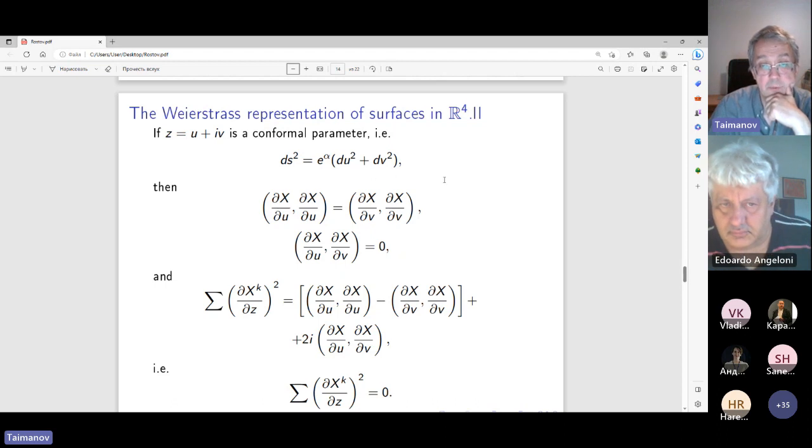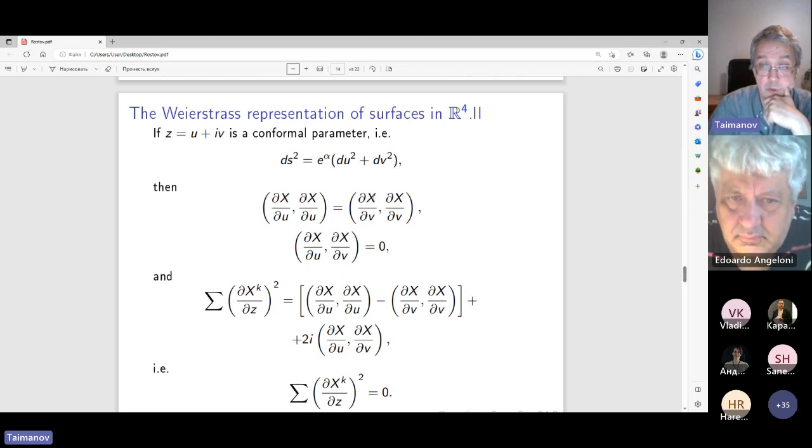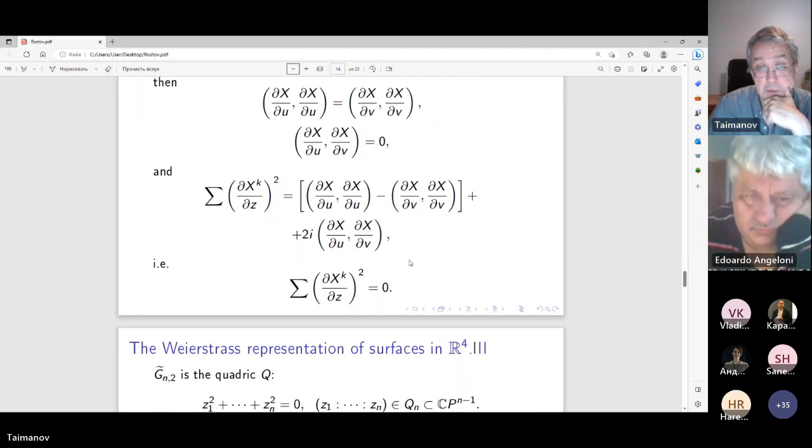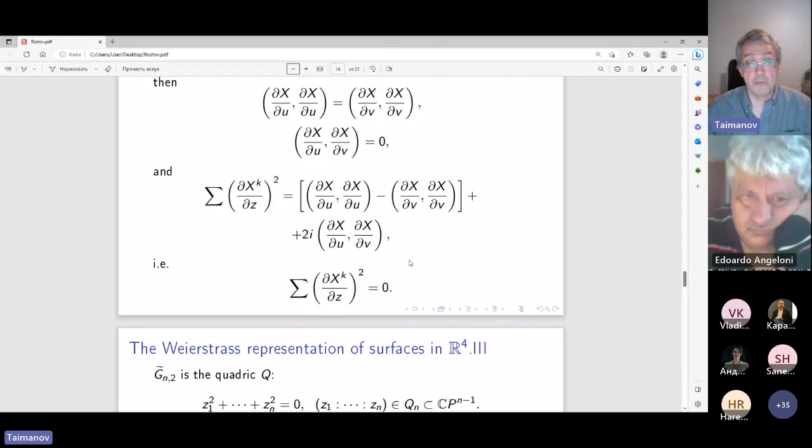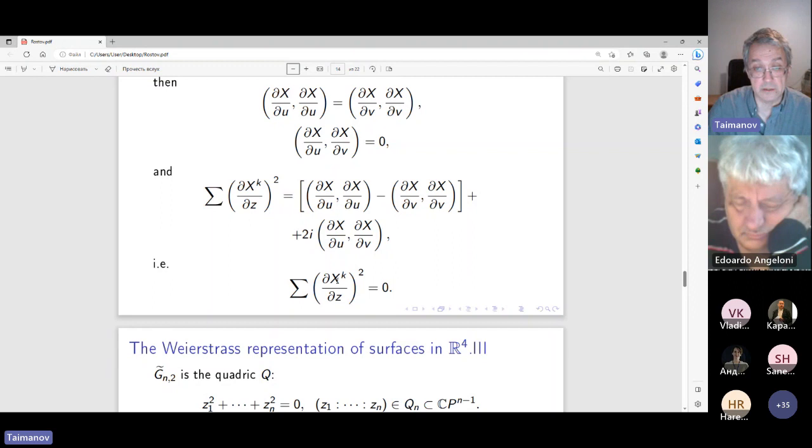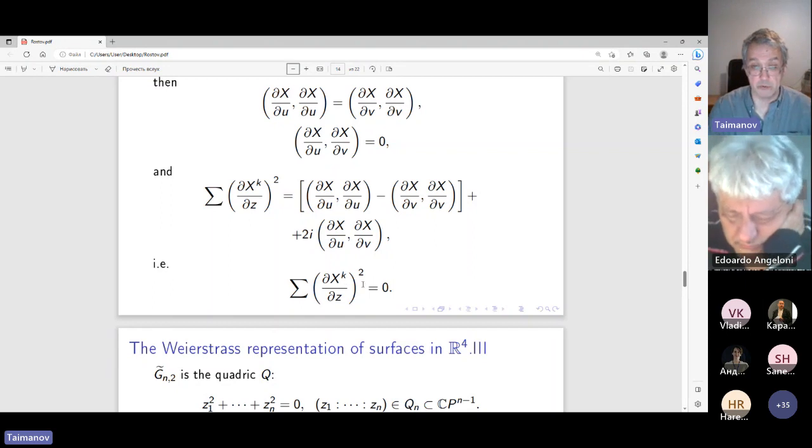In this case the norm of the vector dx/du equals the norm of the vector dx/dv, and these two vectors are also orthogonal to each other. That's written in this form: the sum over k of (dx_k/dz) squared equals 0.